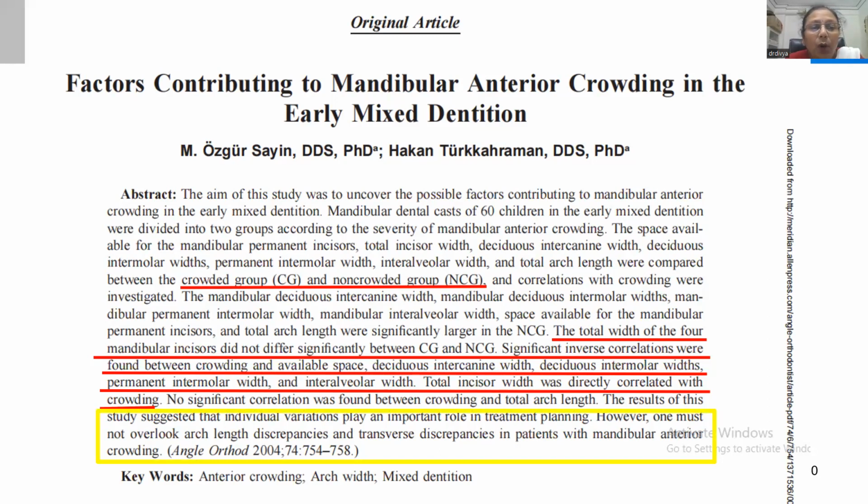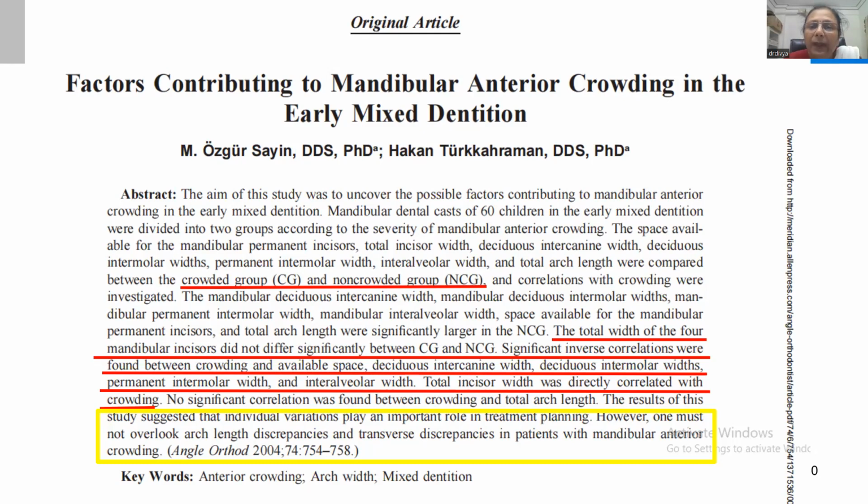However, one must not overlook the arch length discrepancies and transverse arch length discrepancies in the patient with mandibular anterior crowding, because they have studied mandibular anterior crowding, which you see as a first sign of the crowding. Okay.